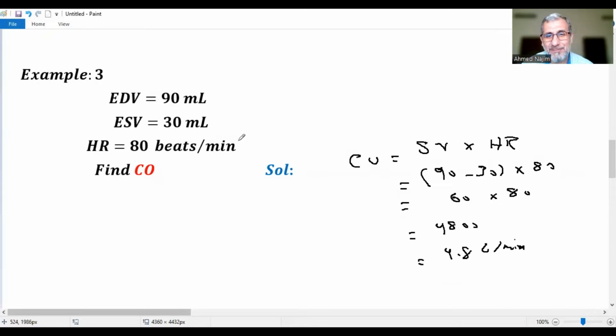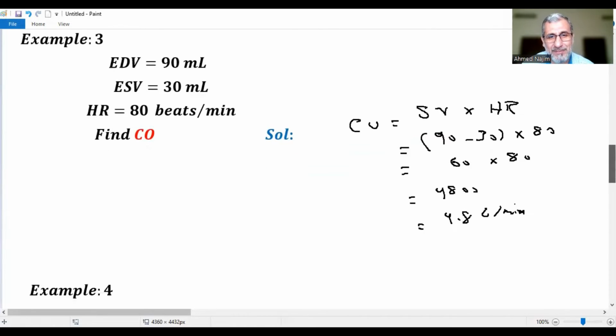Why? Because the stroke volume decreased and the heart rate also decreased to less than 100. So the heart will pump 4.8 liters per minute in this case.